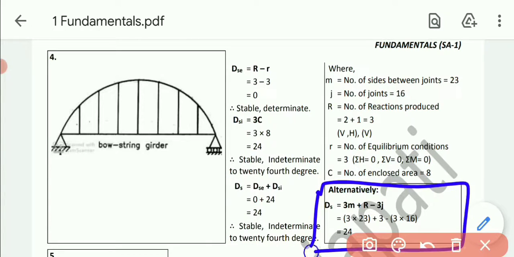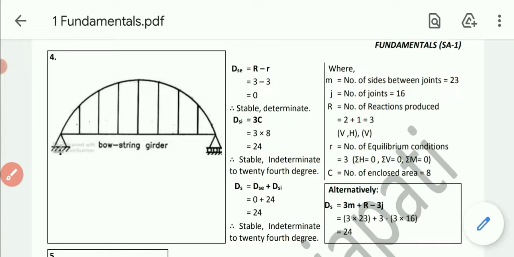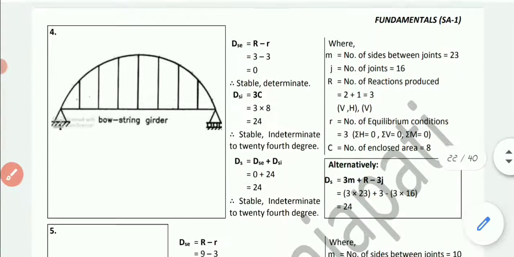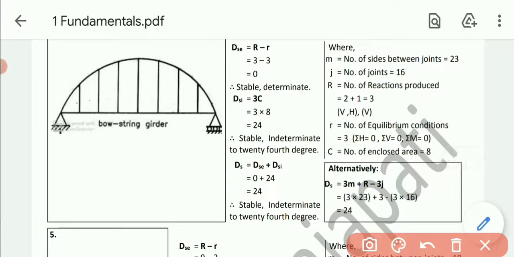Now for the alternate equation, I need the value of J and M. So let's calculate first of all J. 1, 2, 3, 4, 5, 6, 7, 8, 9, 10, 11, 12, 13, 14, 15 and 16.